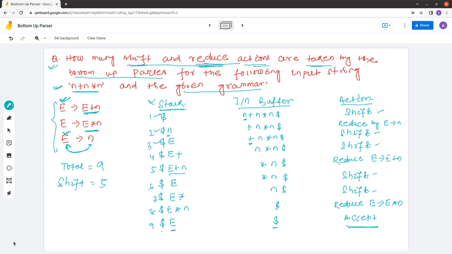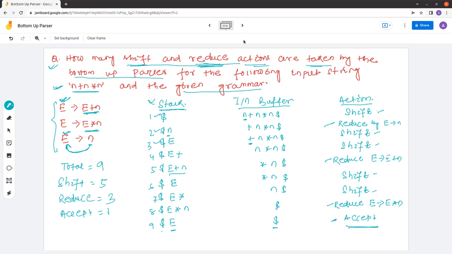Total shift actions are 5. How many reduce actions? Reduce actions are 3: 1, 2, 3. And one action is the accept action, equal to 1.